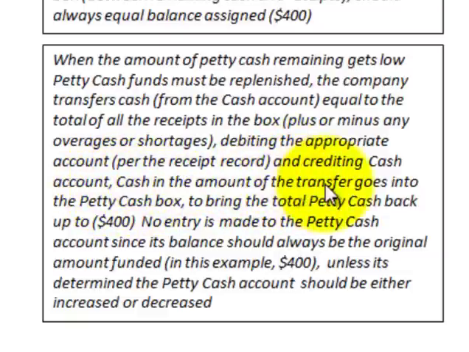The cash in the amount of the transfer goes into the petty cash box to bring the total petty cash back to the assigned amount, in this case $400. So no entry is made to the petty cash account, since its balance should always be the original amount funded, in this example $400 again, unless it's determined that the petty cash account should be increased or decreased. Next, let's look at how this petty cash account actually functions.